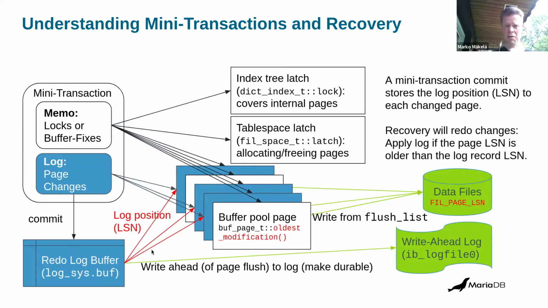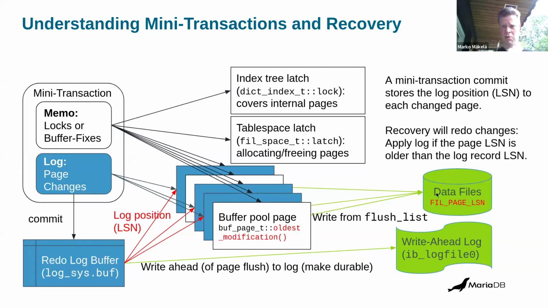Then, if we were modifying a previously clean page for the first time, we would update the oldest modification field of that page descriptor and add the page to the flush list. But if the page was already dirty in the buffer pool, then we only update the page LSN field in the page header.